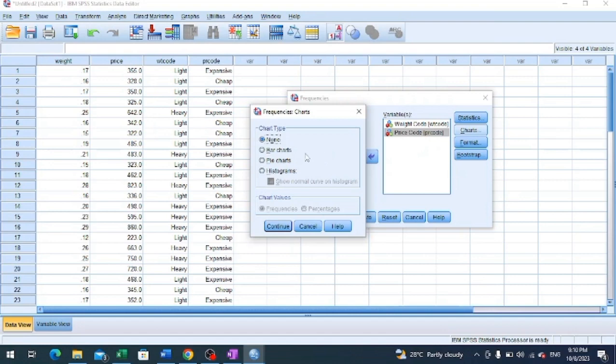So if we are going to draw a chart for a quantitative variable, that is for marks, we need to go for histograms because on the horizontal axis we take marks of the students, whereas on the vertical axis we take frequencies.